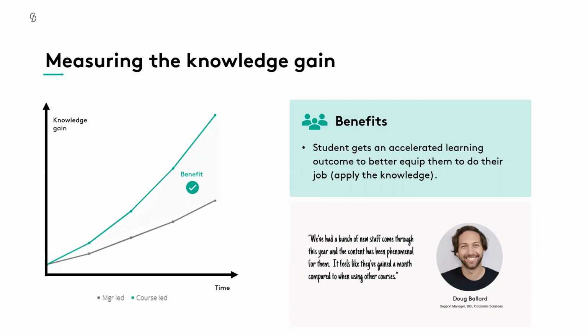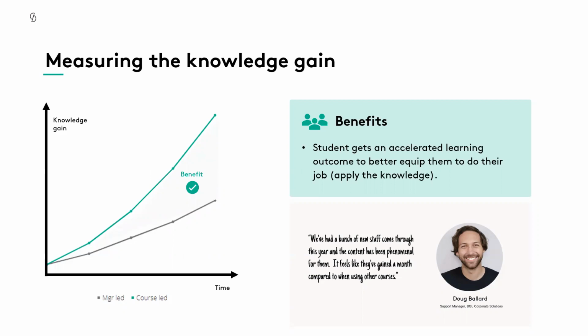But what we do know is that students get an accelerated learning outcome. That means they are far better equipped to do the job that they need to do, because they now have the knowledge that they can apply in that scenario.